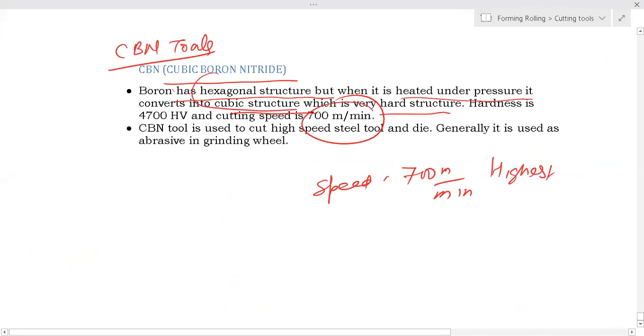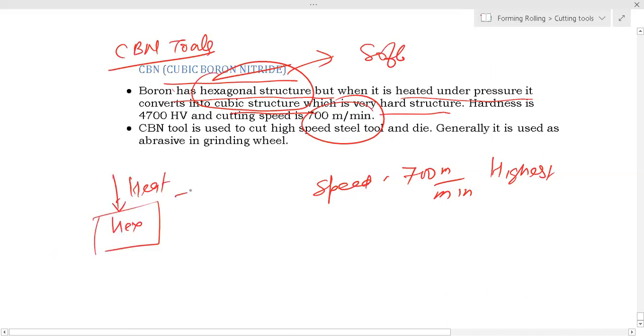This hexagonal structure is soft, but when you heat it and apply pressure, heat and pressure, it changes into cubic, and this is hard.